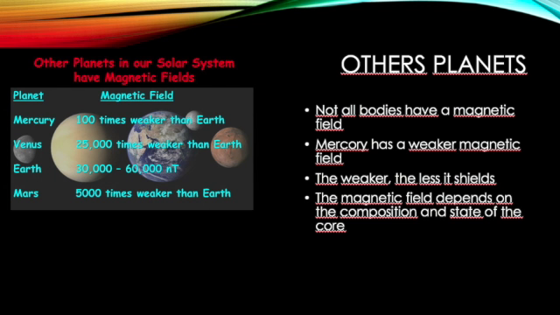Another good example of a weaker magnetic field is Mercury, which is the closest planet to the Sun. Mercury does have a magnetic field, which protects it from the standard solar winds.